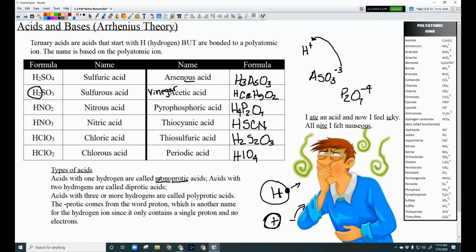So here's monoprotic, diprotic, and polyprotic. Poly means many. So polyprotic, more than 2. So 3 or more, polyprotic acids. So pyrophosphoric acid is a polyprotic acid. Arsenious acid is a polyprotic acid. You're going to see those words used, and it's going to expect you to know what those mean.